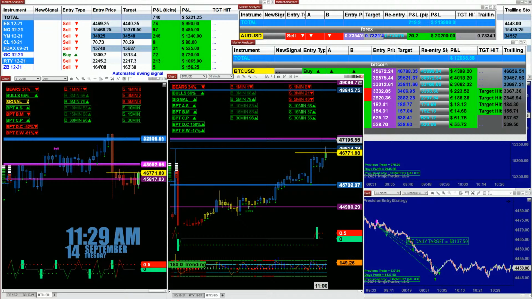It's going to be a problem for the Bitcoin at those levels as we speak right now. The 47 level is going to be a problem. If the Bitcoin is able to cross 47,000, it's going to climb to the 48 level.